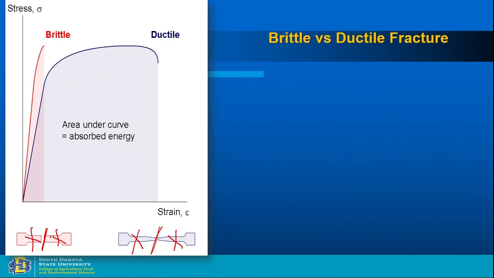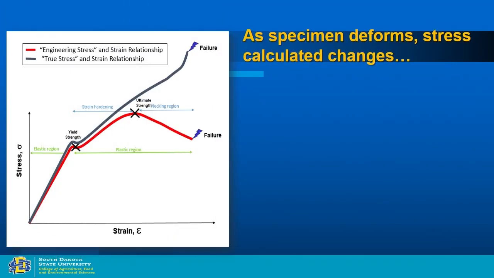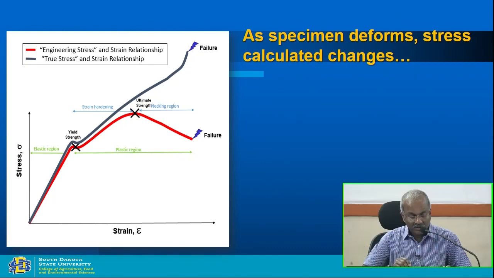Last but not least, as the specimen deforms, the calculated stress changes, because the area keeps changing. So when you calculate the stress over strain for both the ductile and the brittle samples, the engineering stress is different from the true stress. For the ductile samples, engineering stress uses the same area.